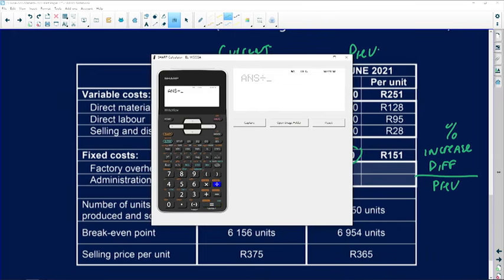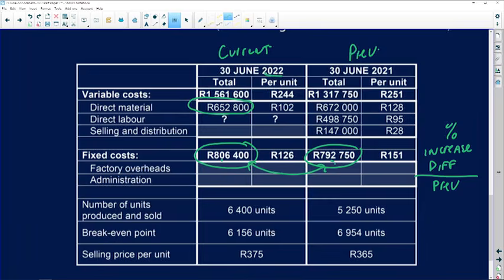So if I divide this by the previous fixed cost, so divide this by 792,750, okay, so let's change that to a percentage. There we go. So let's times that by 100, and as you can see, right, it hasn't increased by much. 1.7%. So it has increased by 1.7%.